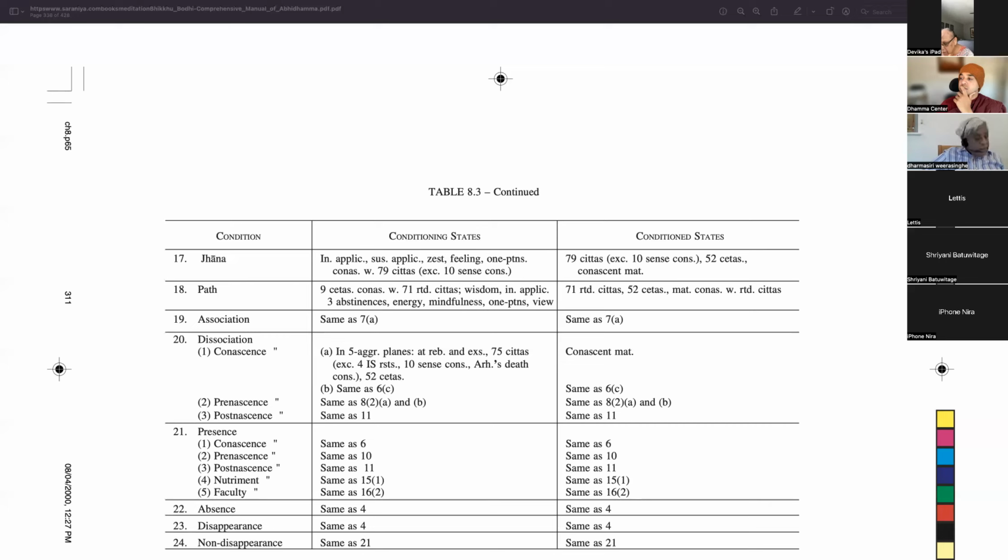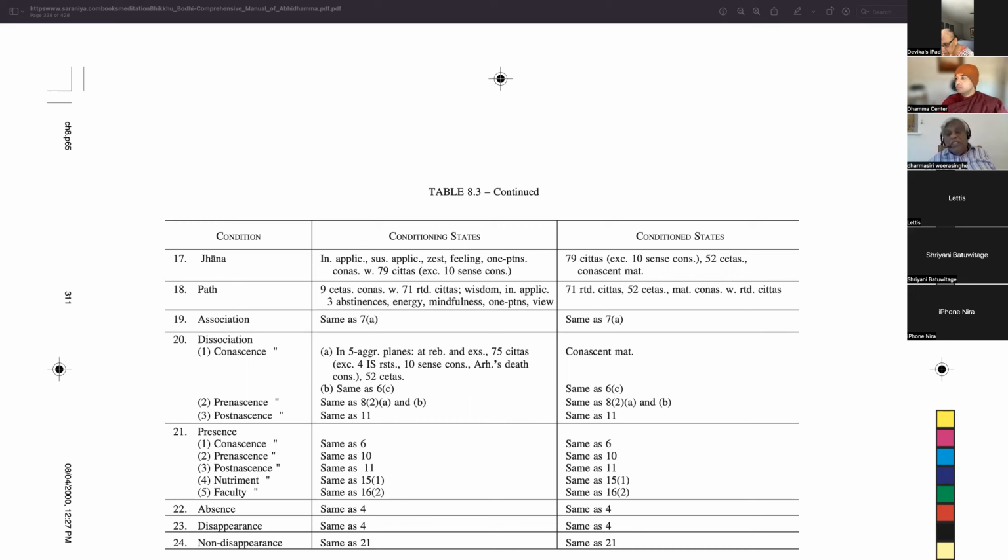That means Kusala Dhamma, the 21 chittas with 38 chaitasikas can actually give rise to similar 21 chittas and 38 chaitasikas.